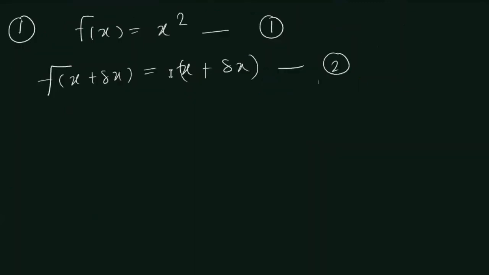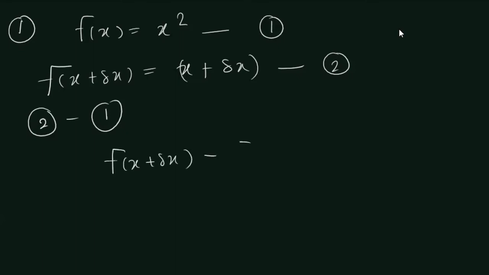To do that, from the second expression, I'm going to subtract the first expression. So f x plus delta x minus f x, when we subtract second by one, is going to be x plus delta x squared minus x squared.